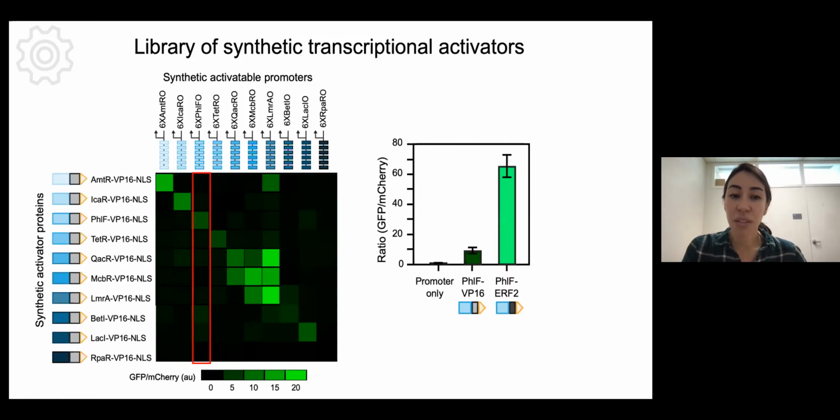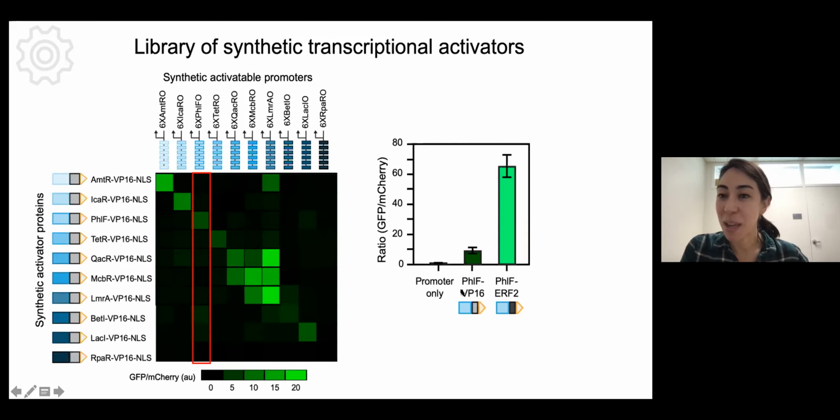Now, for some of these synthetic activators, there's not very high gene expression. And what we can do, because these parts are synthetic, is just modify the activator or the transcription factor itself in order to make it function better. So in this case, what I'm showing you is the original design for the synthetic activator, which has VP16 as its activation domain.